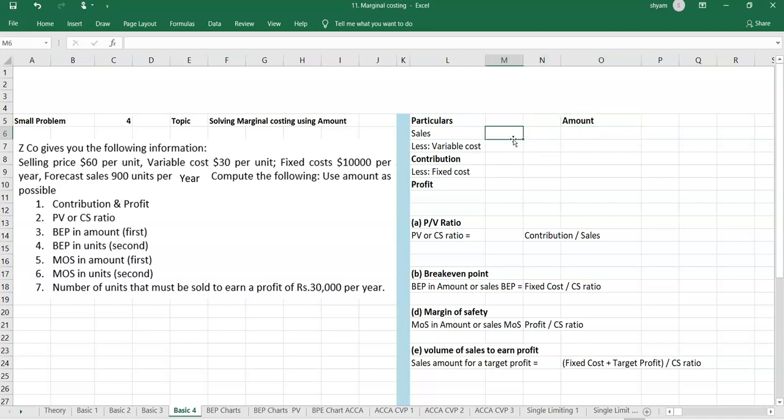So sales is going to be 60 into number of units, 900. Next is variable cost, 30 into 900. Fixed cost is 10,000.